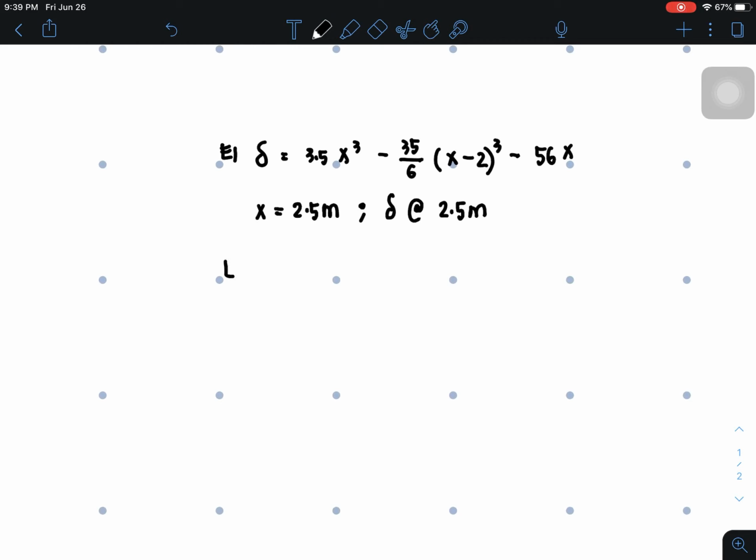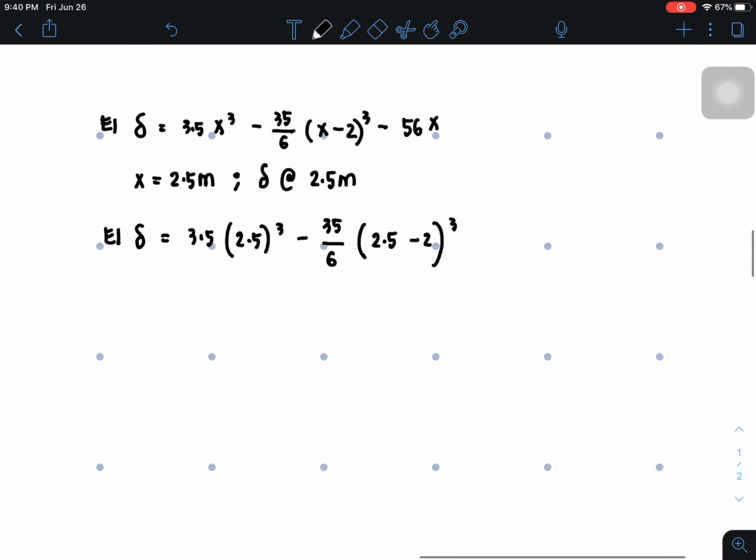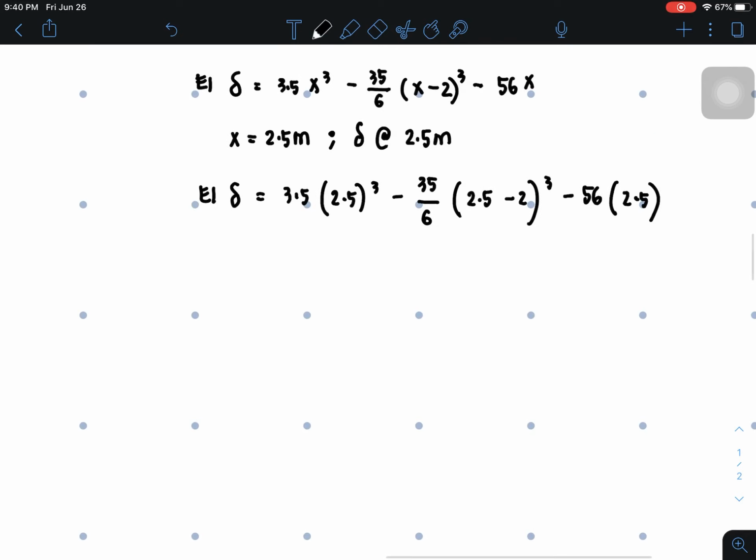So EI times deflection equals 3.5 times 2.5 cubed, minus 35 over 6 times 2.5 minus 2 cubed, then minus 56 times 2.5. I almost forgot. Let's simplify.